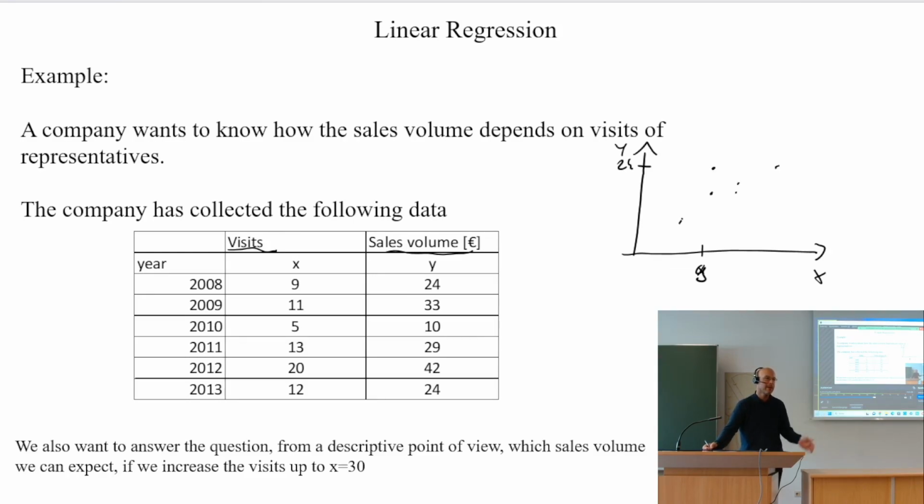Hopefully in this case we want to see a positive dependence between visits and sales. And what we then want is to estimate some linear line, which is the best fit of these data points.